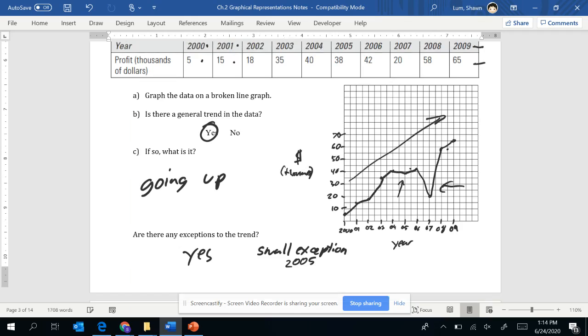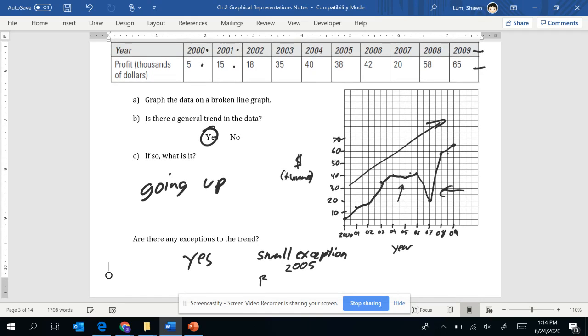Big exception in 2007. Now, there's small dips in there. Not every year is going to be a super profitable year, but overall, we can see that this thing is going up.